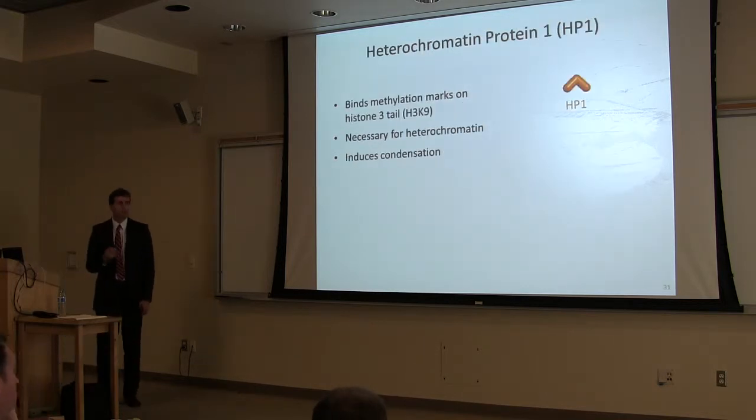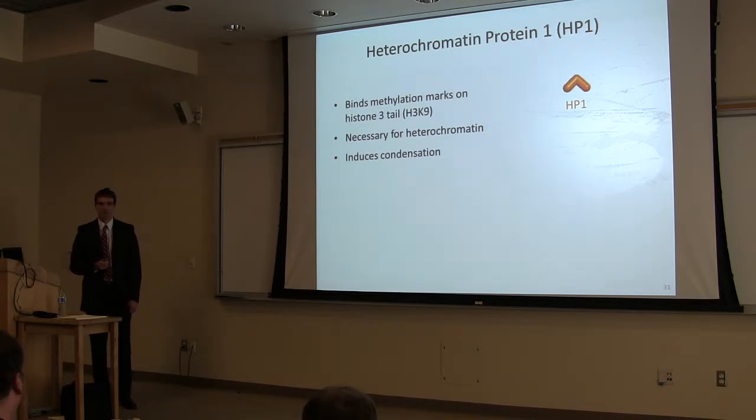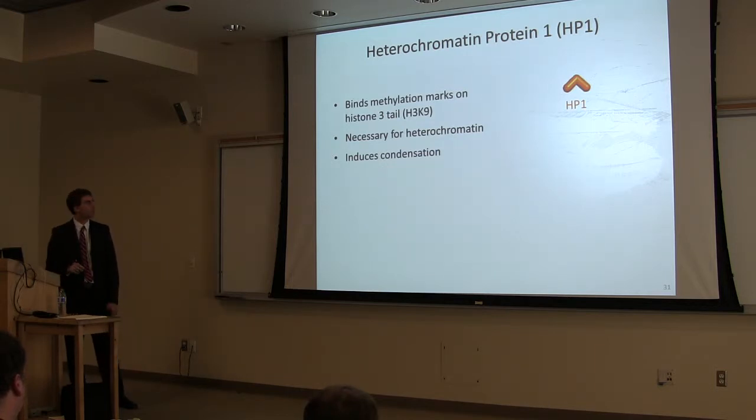Now there's a particularly important protein called heterochromatin protein 1, which binds these methylation marks in these regions in the cell. It's known that it binds most strongly when it's trimethylated, and those are the marks found commonly within these heterochromatin regions.